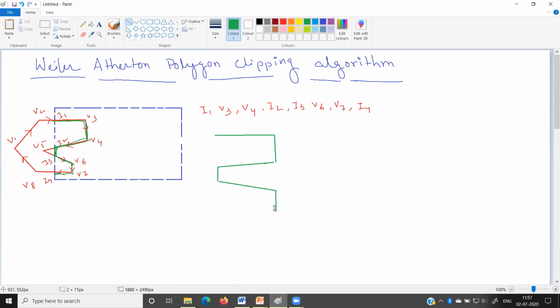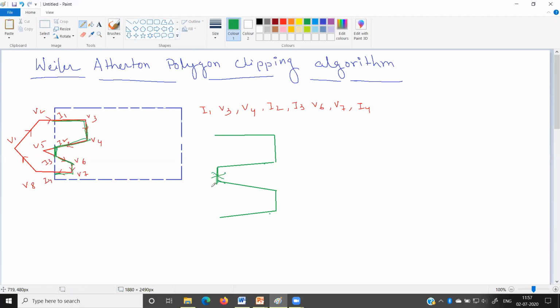But here, in case of the Cohen-Sutherland polygon clipping algorithm, we are getting the shape like this one. So this edge is not part of the polygon, so I don't need this edge. But if you apply it, you will get it. So the Wheeler-Atherton polygon clipping algorithm will remove this edge.